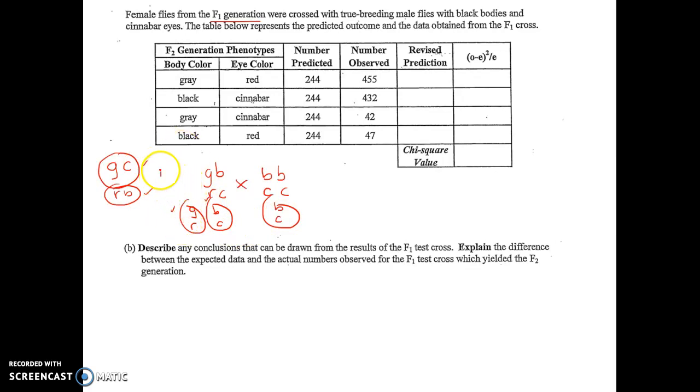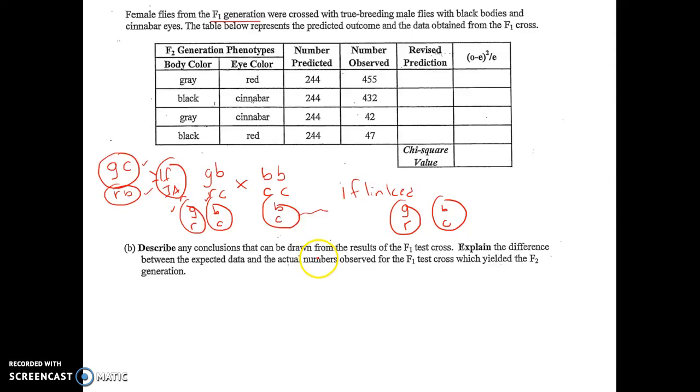If they were independently assorting, then you get these four. But if these are linked, then you're only going to probably get these and these black cinnabar ones. So if this is the sperm and these are the ova, then those are the only possible combinations.